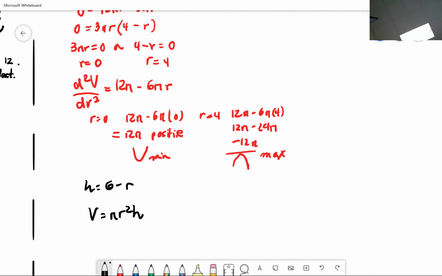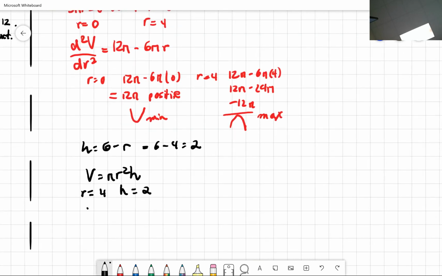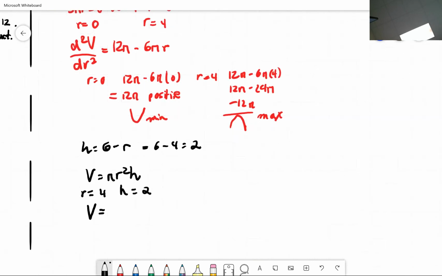So 6 minus 4 is 2. So our radius equals 4, our height equals 2. And then we can substitute in the volume to find the maximum. You could just write this as 16 times 2, that's 32 pi. And that's your answer.